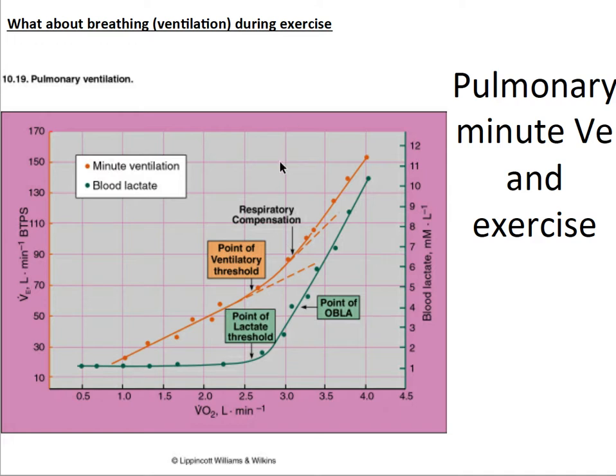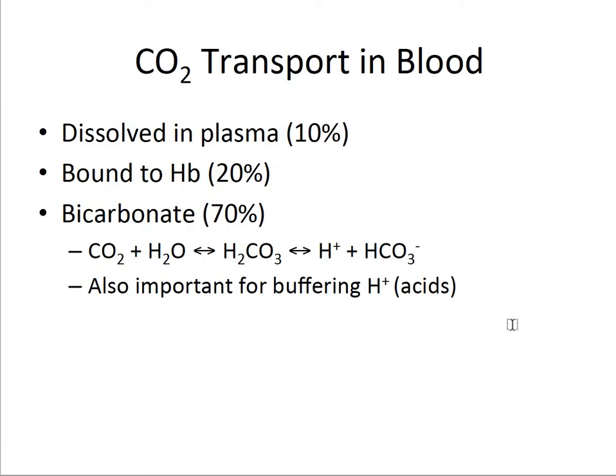And notice that that is actually pretty much the exact same point as this lactate threshold. And we talked earlier about some causes of this lactate threshold, where now we're seeing more lactate in the blood.